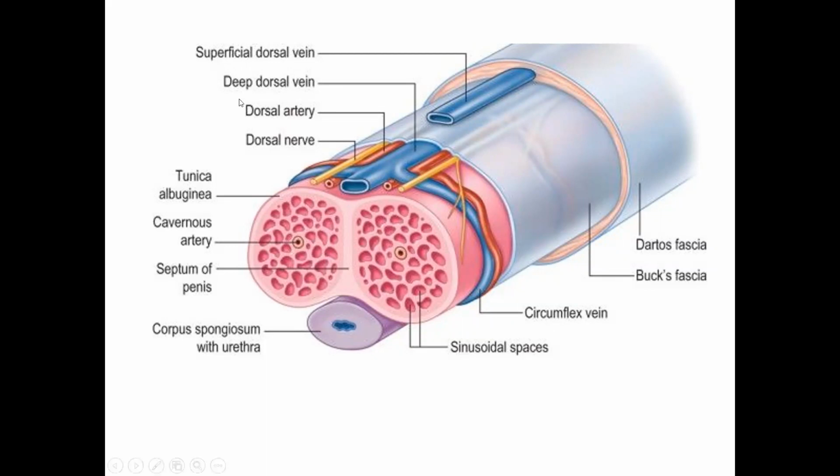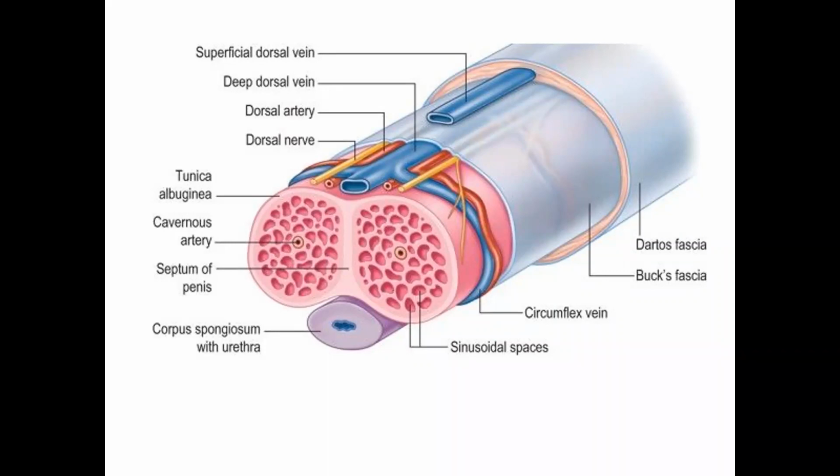In contrast, on the dorsal aspect of the penis, deeper to the buck's fascia, in the midline lies the deep dorsal vein, a single structure. On either side of it is the dorsal artery, and further lateral to that is the dorsal nerve.